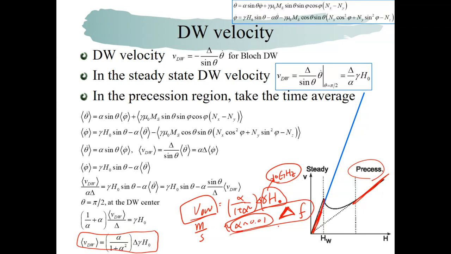So in this framework, if you apply a larger field, then you can increase the frequency as you want. But in a typical case, let's say the domain wall width, for simplicity, is on the order of 10 nanometers. And this frequency gives us about 10 gigahertz, something like that.